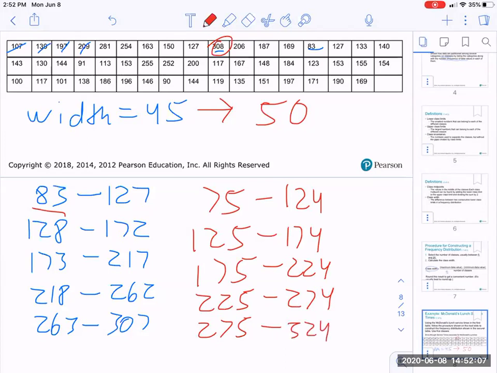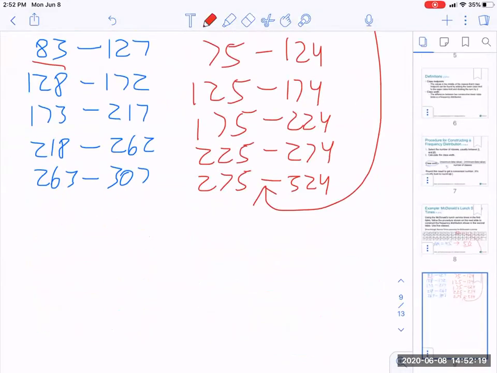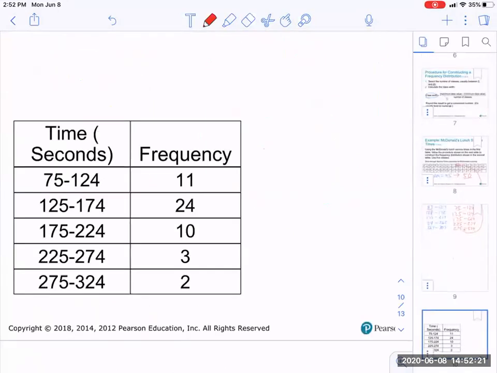And also notice by doing this and making my class width a little larger, my data value of 308 is captured in this one. So I won't bore you with making it, but here it is. Notice these classes look a lot nicer. I can see the frequency in them.